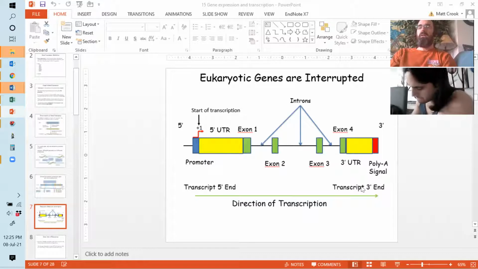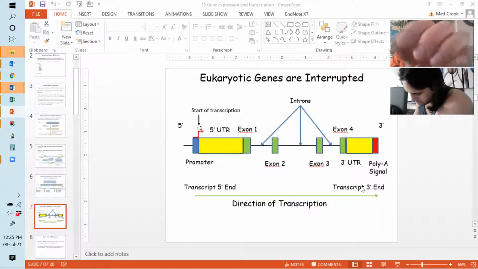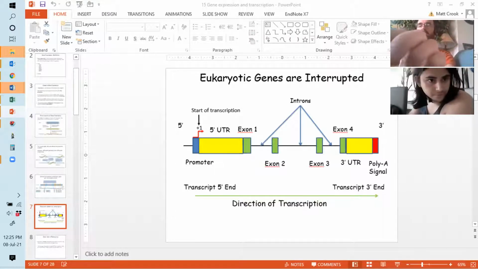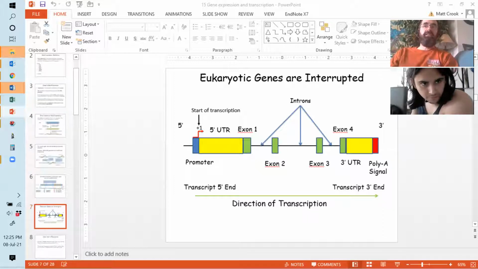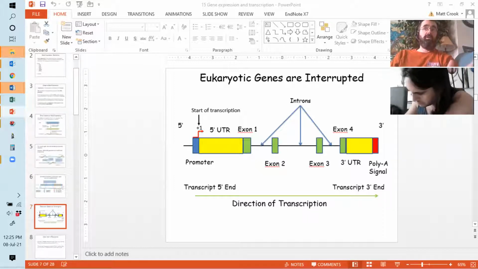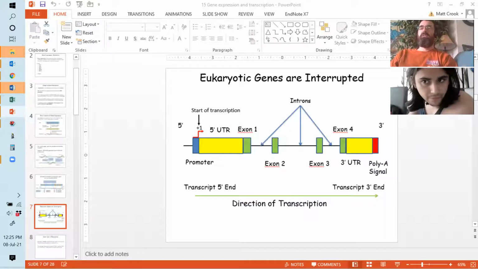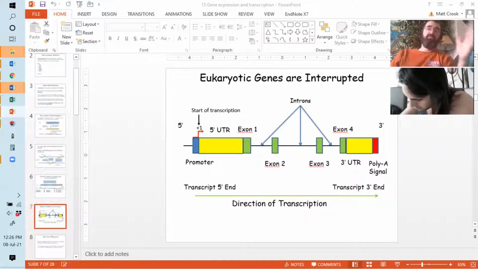We have UTR, and that is untranslated region. So this is different from an intron. Introns aren't translated either, but introns are cut out of the mRNA before translation. The UTRs, one at the 5' end and the other at the 3' end, stay as part of the mature transcript.